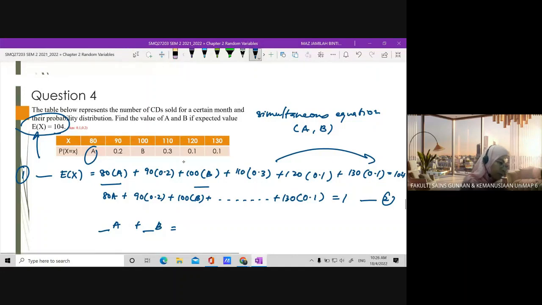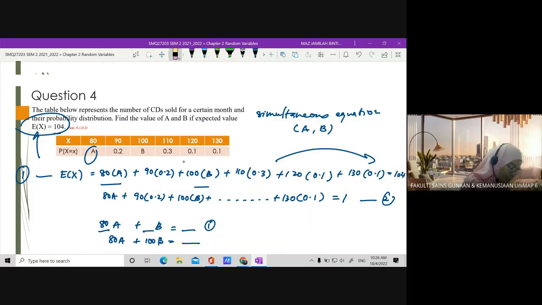So this is your first equation, and your second equation is 80A plus 100B, sorry, 100B is equal to something value. No. This one is A only. I messed up already. Yeah?